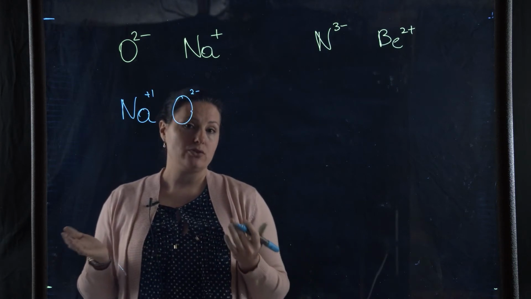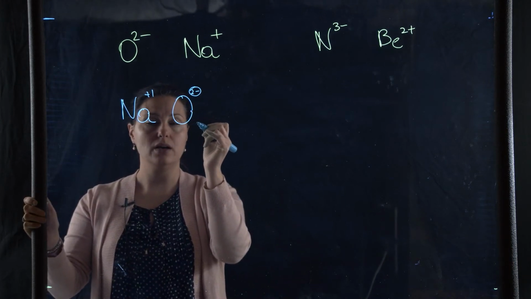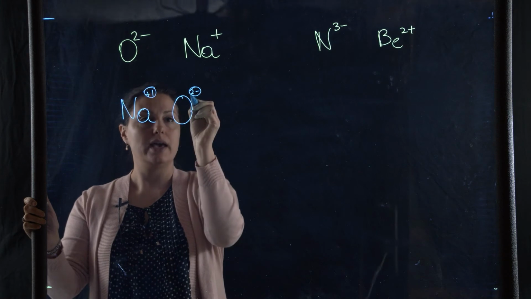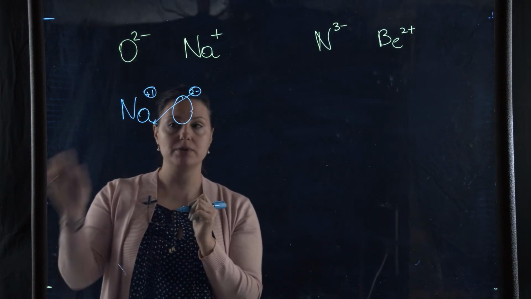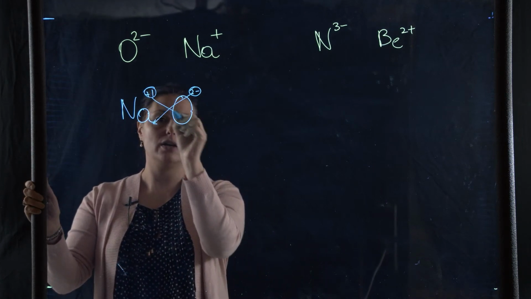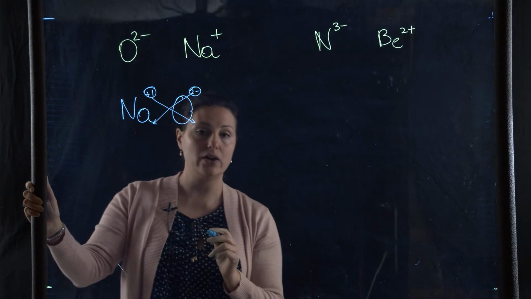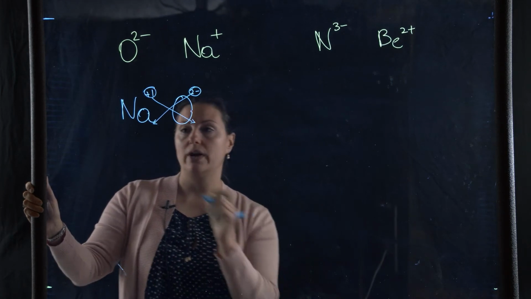An easy way to remember it is to take the charge of one of the ions and cross it down, put it as a subscript by the opposite ion, and take the charge on the other ion and cross it over and write it as a subscript for this ion, even though if it's 1, we don't write it.